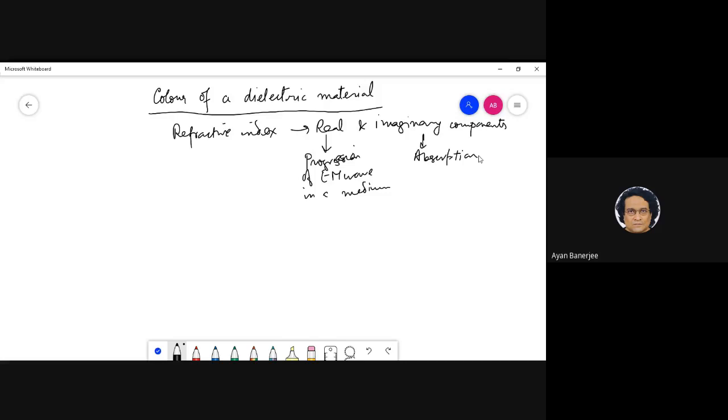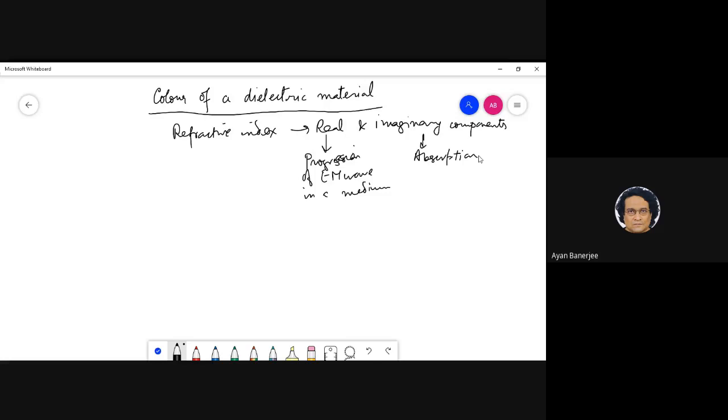So, as Chitudip said, when you illuminate an object with a range of wavelengths of light, you basically have some colors absorbed, some colors reflected, and what comes to your eyes as reflected color may combine to produce the final color of the object. And if you change the incident light, the color will also change.